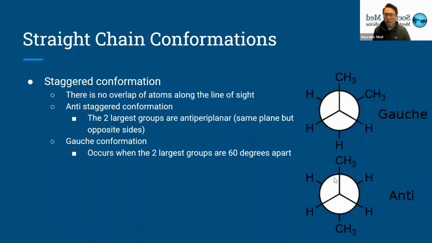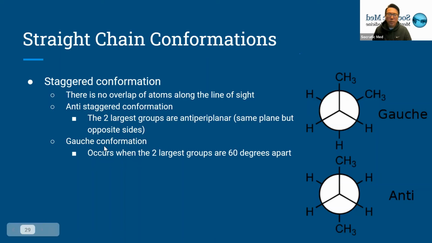They're on opposite sides. This is pretty favorable because they're not in each other's space. There's not a lot of strain on the single bond. They're given as much space as possible because the hydrogen bonds are a lot smaller than the methyl groups. So because the two methyl groups are directly across from each other on opposite sides, this is pretty favorable. There's not a lot of strain on it.